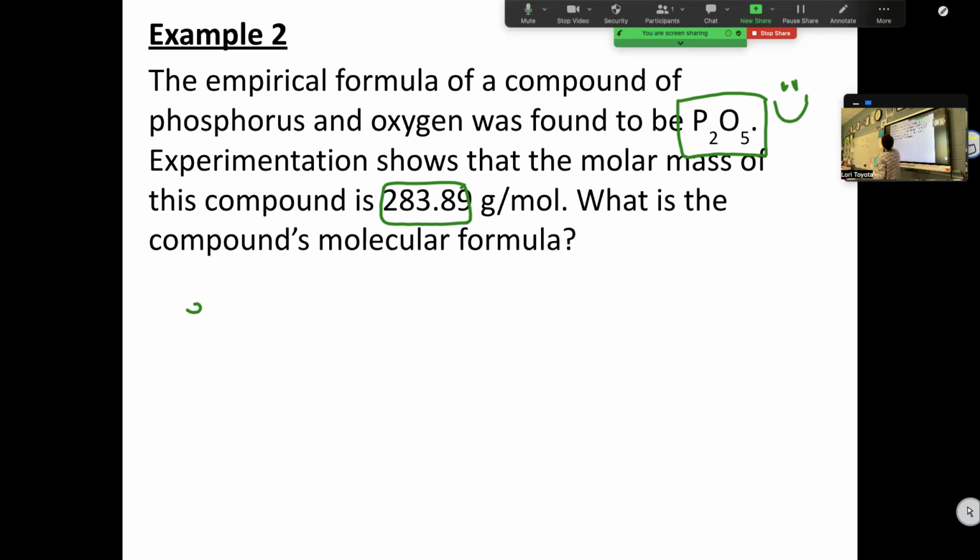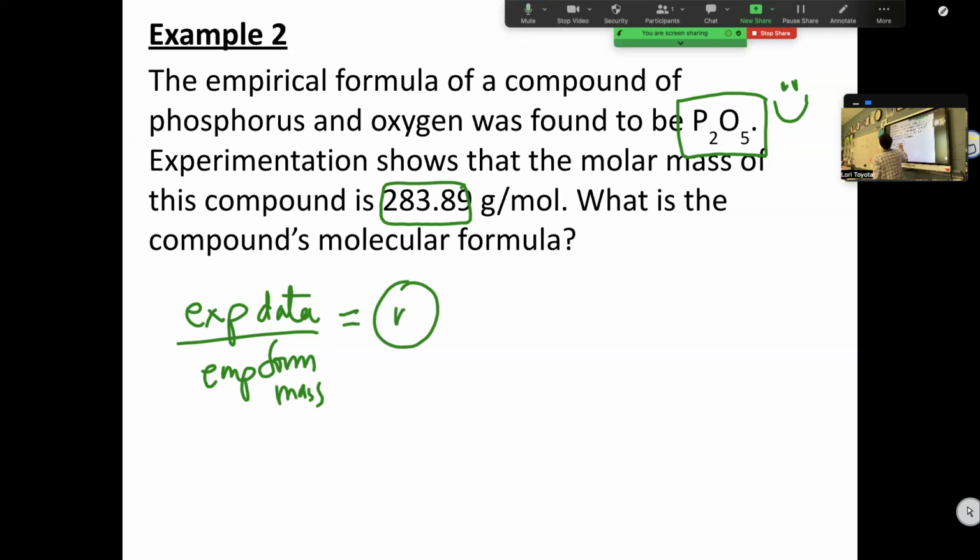So you know it's some kind of experimental data over the empirical formula mass equals some factor that we're going to multiply the empirical formula by to find our molecular formula.